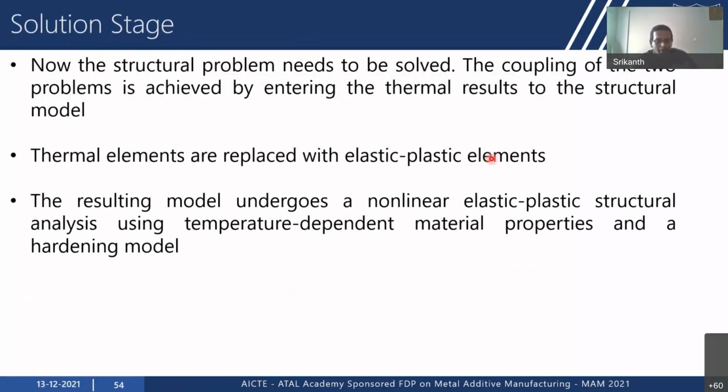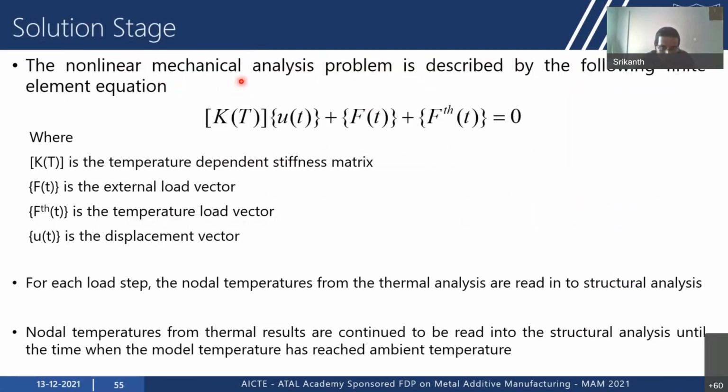Now, once we solve the thermal problem, we need to solve the structural problem. So how do we do it? We have to replace the thermal element with an elastic plastic element, input the temperature versus time at each node as a load, and also use material properties for the structural analysis. So the nonlinear mechanical analysis problem is described by the following equation.